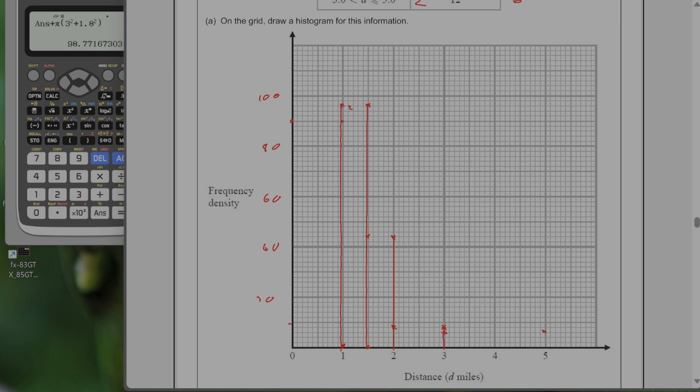Oh, it's going so well. Okay, so that's my histogram.